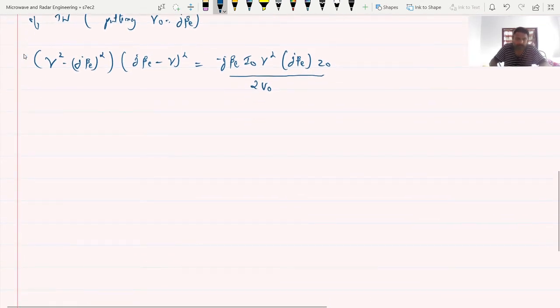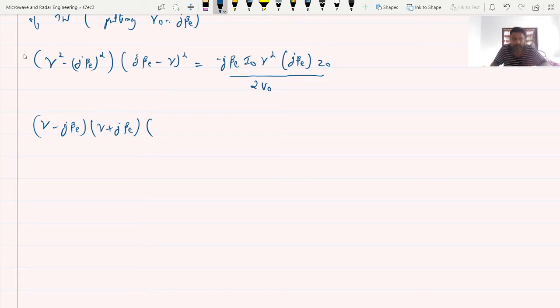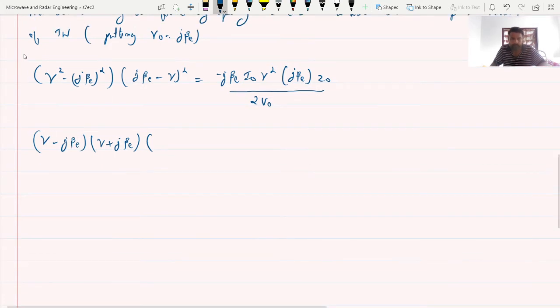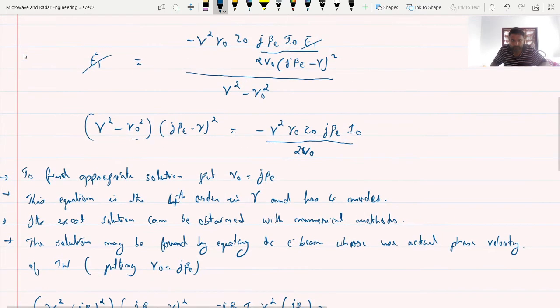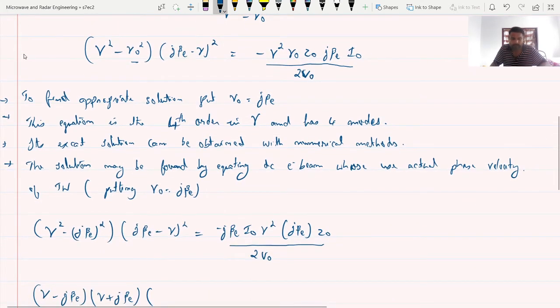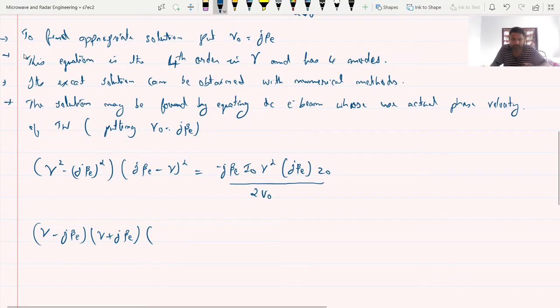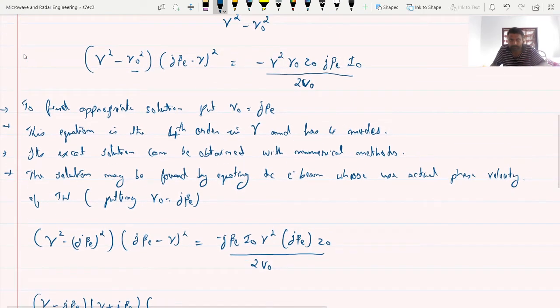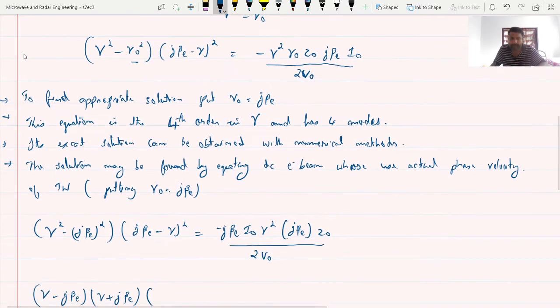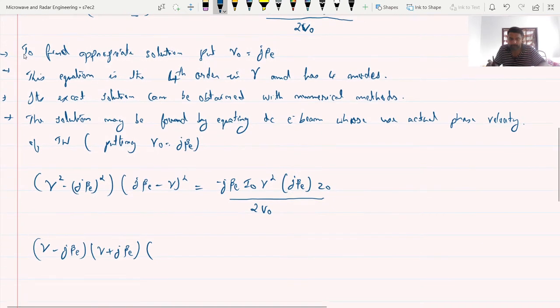I can expand this as gamma minus j beta e into gamma plus j beta e. Now j square will be minus 1.